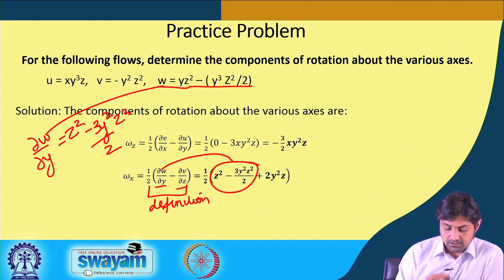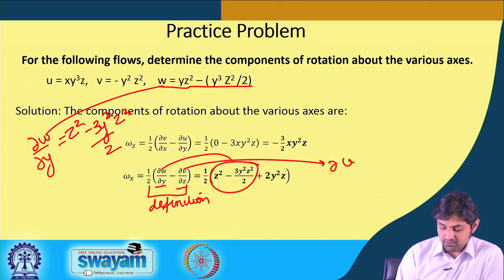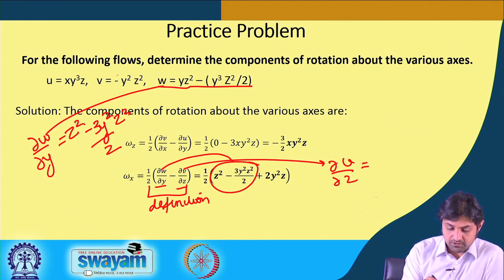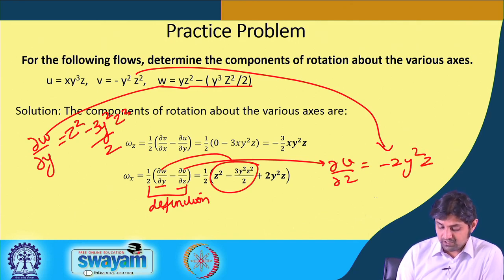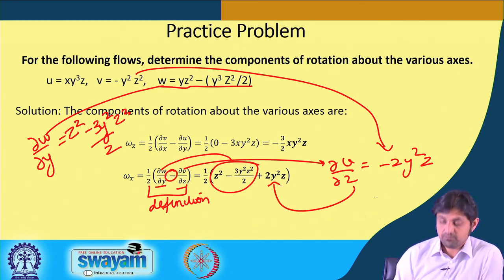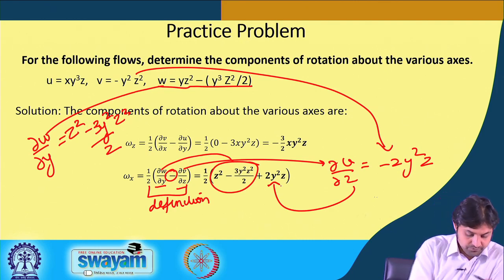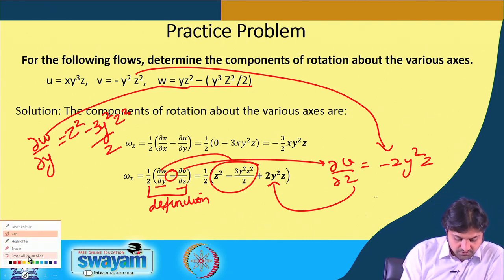See here. Now we also need to know what del v del z is. Okay. So del v by del z from here is going to be minus 2y square z. Okay, correct, and this has been put with a minus sign here, so this becomes plus when coming here. Okay, so I will erase the ink so that you are able to follow.